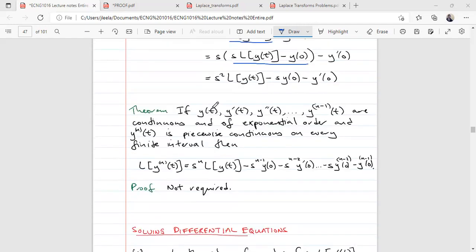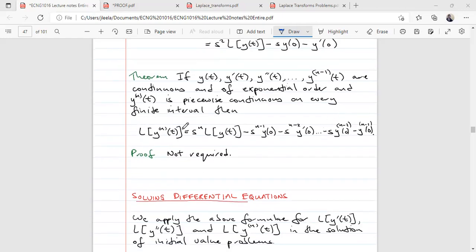So the theorem states if you have y of t, the first derivative of y of t, the second derivative, up to the n minus 1 derivative, and all these derivatives are continuous and of exponential order, and y n of t, the n-th derivative, is piecewise continuous on every finite interval, then the Laplace of the n-th derivative of t is s to the n times the Laplace of y of t, minus s to the n minus 1 y naught, minus s to the n minus 2 y prime naught, and so on, all the terms in between, minus s times y to the n minus 2 of 0, minus y to the n minus 1 of 0.